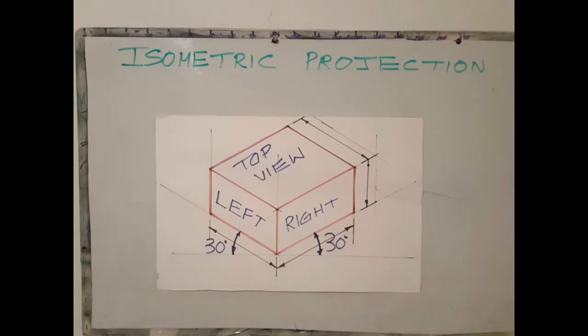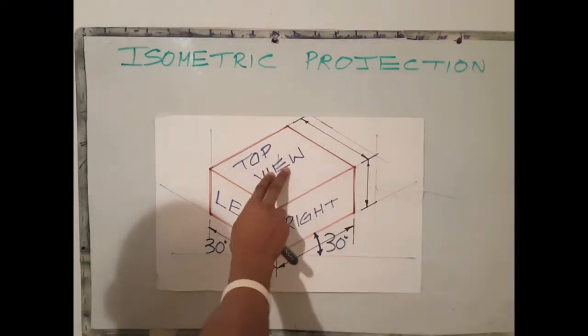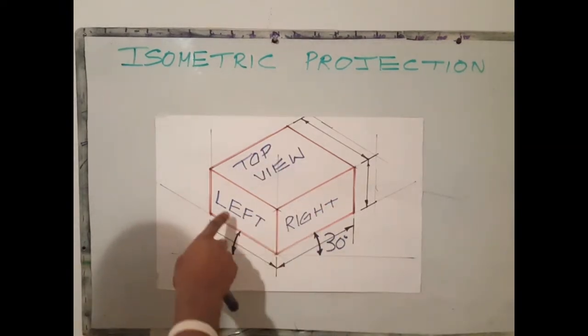What's an isometric projection? An isometric projection is a way of representing a drawing or a design in 3D, wherein we have a top view, a right view, and a left view.